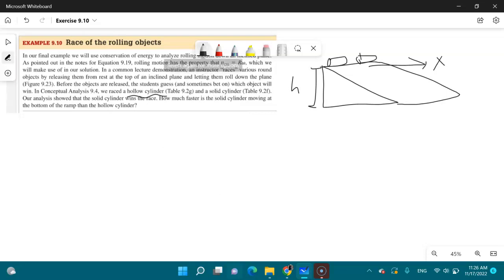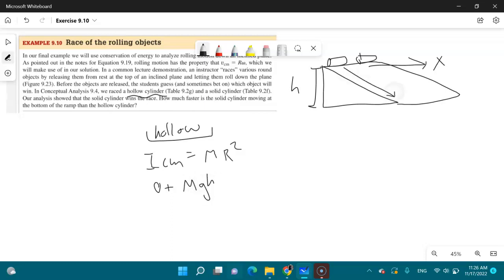When we're talking about the hollow cylinder, we're going to try to find its velocity. The inertia of the hollow cylinder is equal to the mass times the radius squared. Then the initial energy is 0 plus the mass times gravity times the height, because this is the force acting on the cylinder as it's going down the plane.